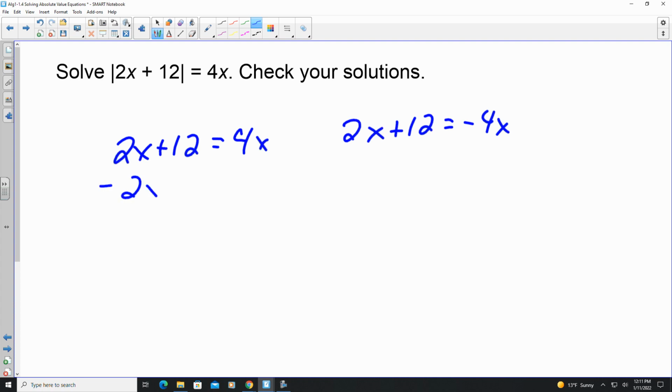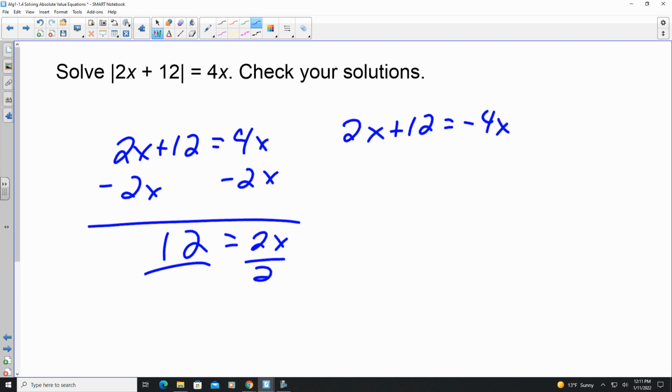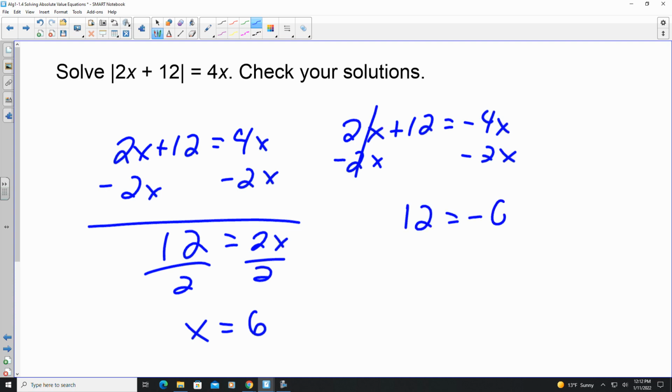In this particular one, subtracting 2x from both sides, I get 12 is equal to 2x, dividing 2 to both sides, x is going to be equal to 6. On the right-hand side, subtracting 2x from both sides, I got 12 is equal to negative 6x, and dividing negative 6 to both sides, x is going to be negative 2.